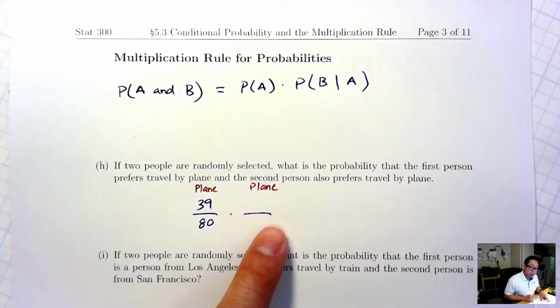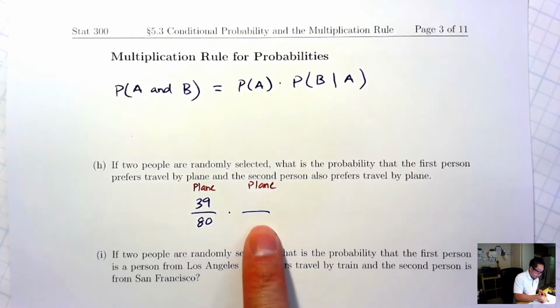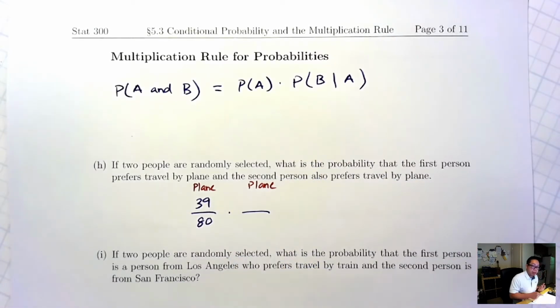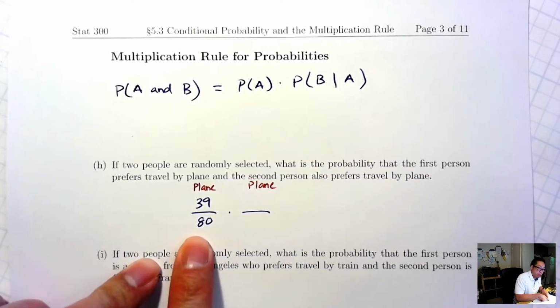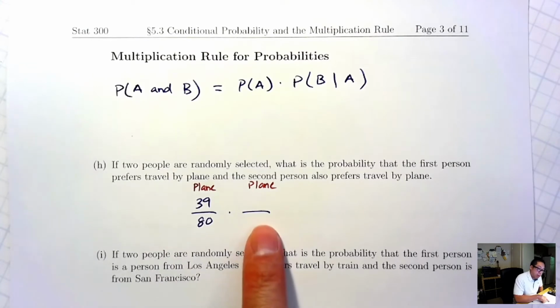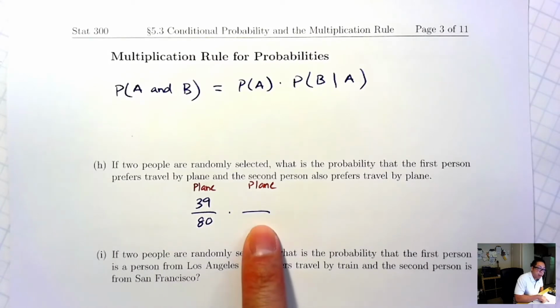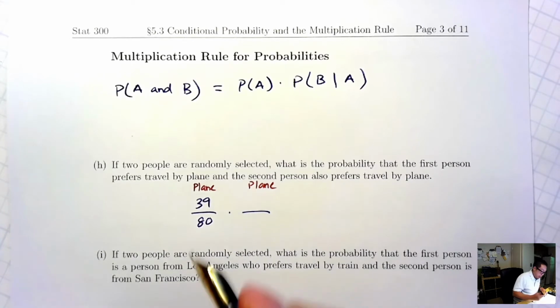Now, for the second fraction, this is where we have to take care of the given A part. We have to keep in mind that we already chose one person that liked plane already. Because of that, for the bottom, we don't have the full 80 anymore. Because we chose one person already, the total we have left is not going to be 80, it's going to be 79.